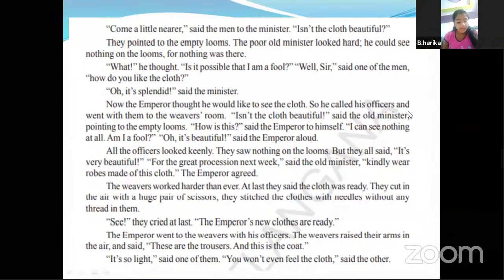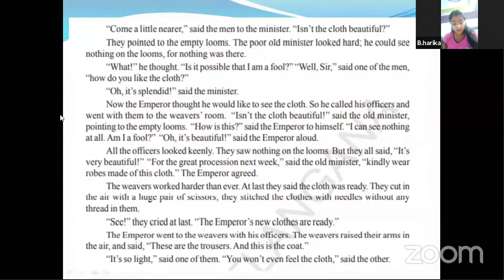All the officers looked keenly. They saw nothing on the looms, but they all said, "It's very beautiful." For the great procession next week, said the old minister, "Kindly wear robes made of this cloth." The emperor agreed. The weavers worked harder than ever. At last, they said the cloth was ready. They cut in the air with a huge pair of scissors.